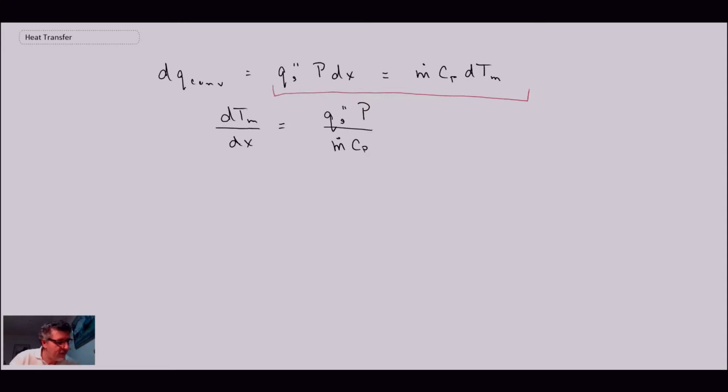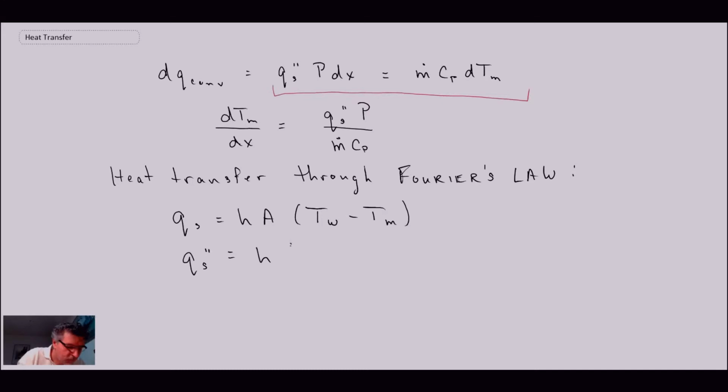What we're going to do is take this and look again at Newton's law of cooling, the way that we quantify convective heat transfer in the pipe. And so we have this expression here for Qs double prime, the heat transfer due to convection on the wall.